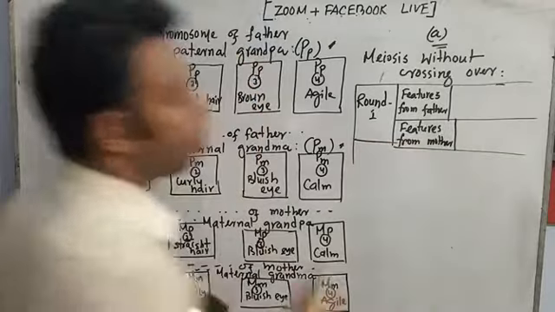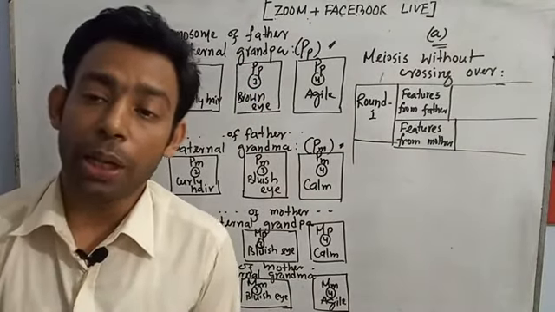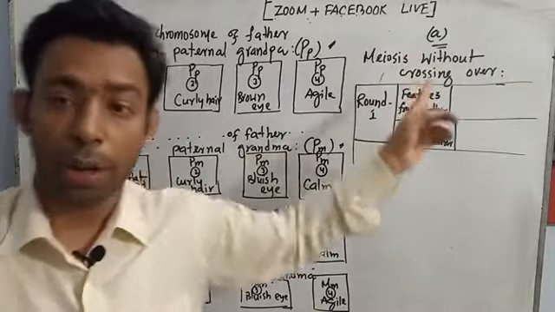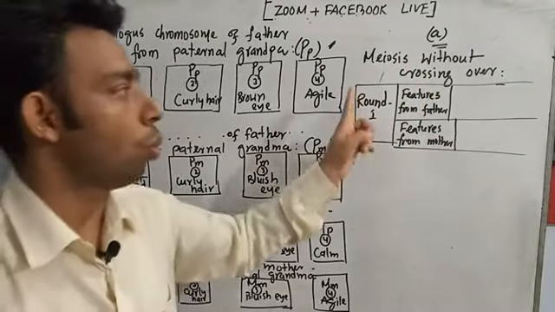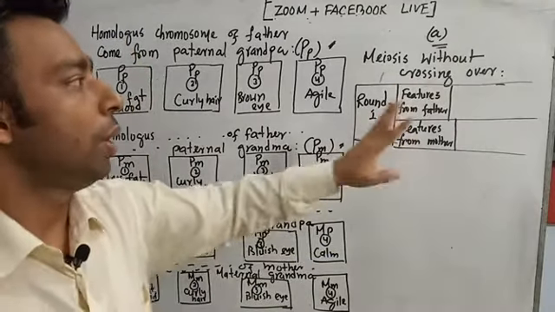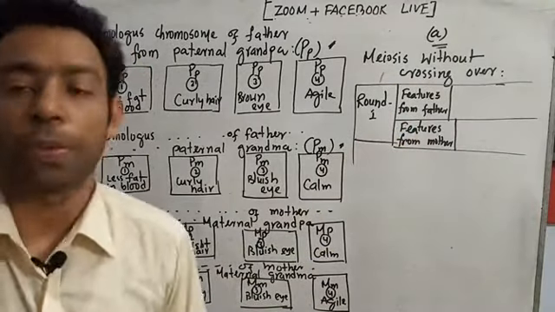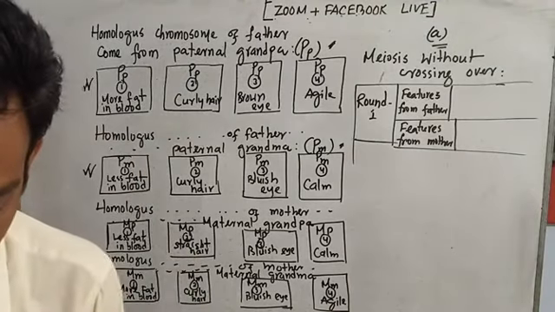There will be no crossing over. Listen, there will be no crossing over. It is answer number A. In which way will we go through it? Round 1, there will be no crossing over. What are the features from father and features from mother? In which way will we go through? Yes, this is the instruction. Now I will go through the instruction.